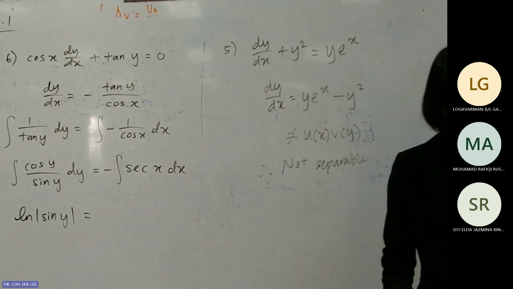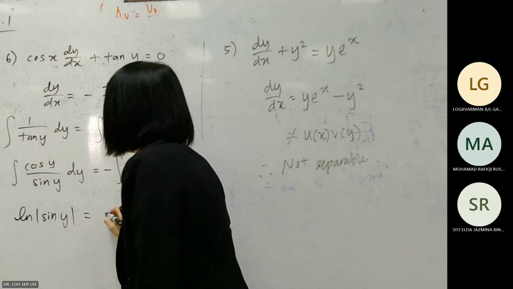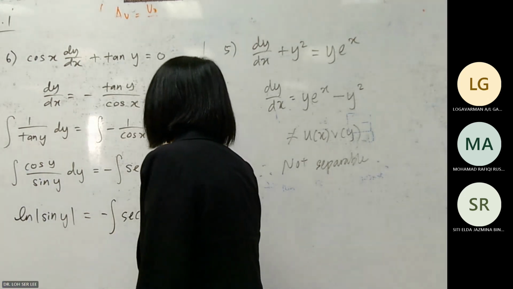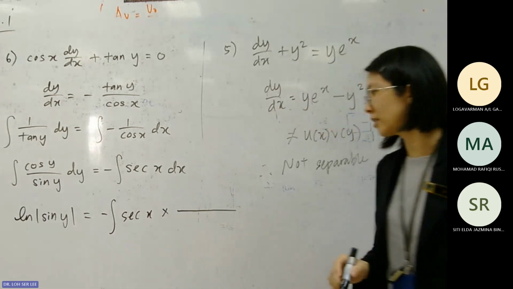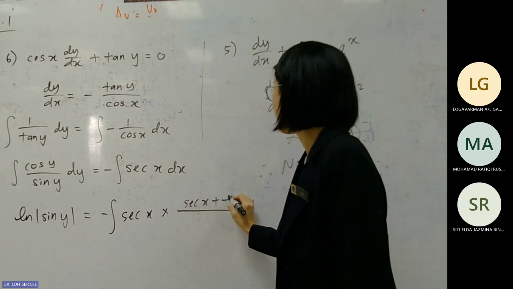secant x. Okay, if you want to integrate the secant x, actually the working is very, very long because you need to do the substitution using trigonometry. But because of the formula just now, we can multiply the secant x with a function which is secant x plus tangent x.